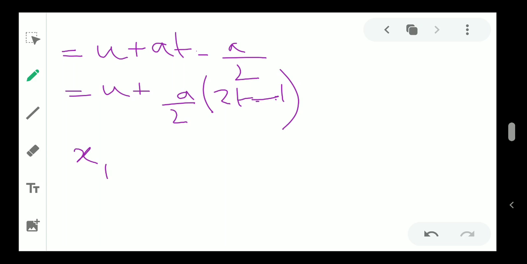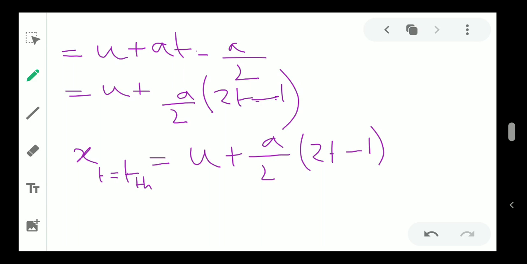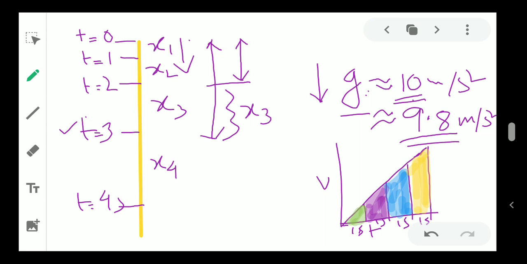That is my x for the nth time, or tth time, you can say. If you want to find it out, it will be u plus a by 2 times (2t minus 1). So this is basically the general formula, but always you can do one thing for simplification.